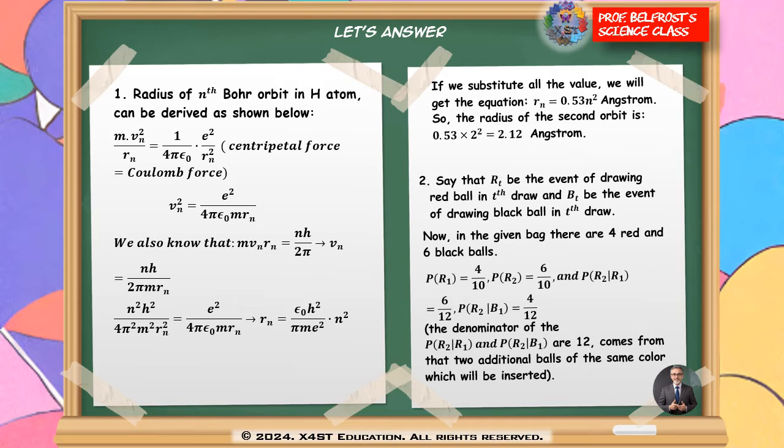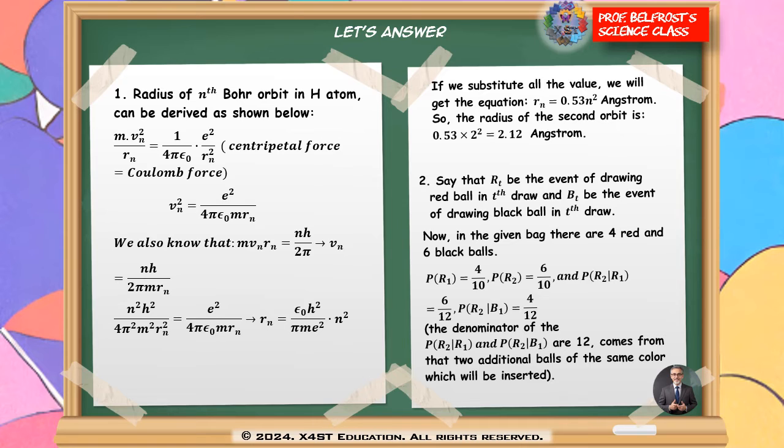Using this information, we can create the notation like this: PR1 equals 4 by 10, which is actually 2/5, and PR2 is... Actually, this is not right.